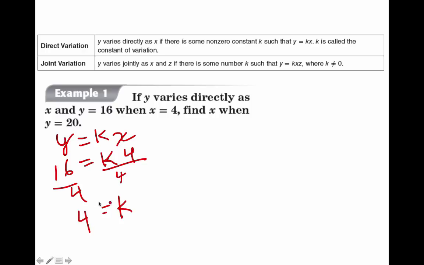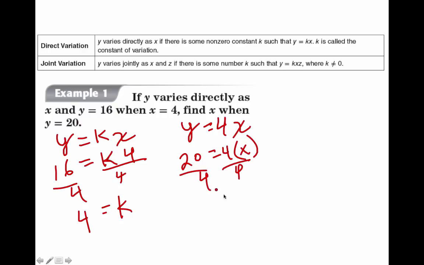So the first method is to solve for k. Now reintroduce the k that you found for this problem and solve for x, because when y is 20 we're looking for x. Divide by 4. This is pretty elementary, and I get the answer is 5.